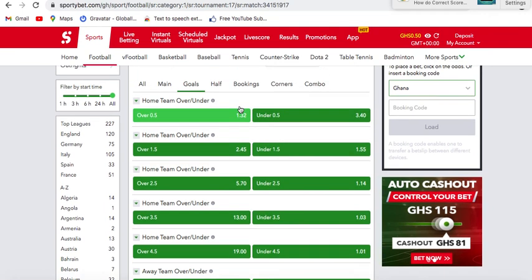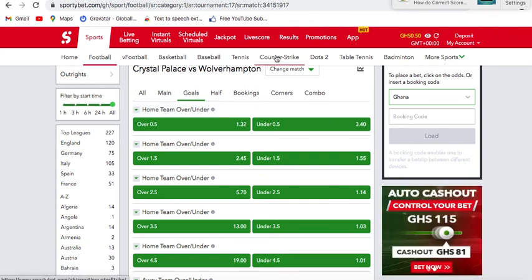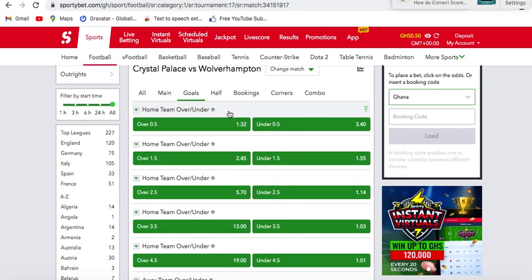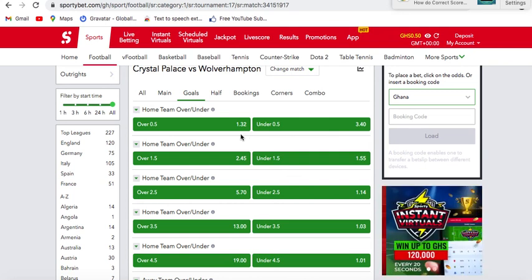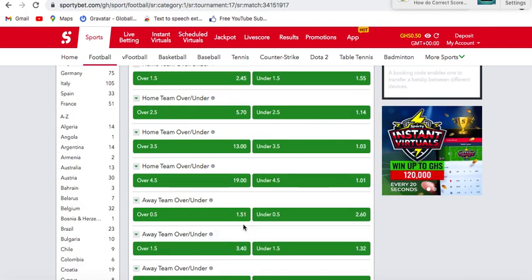Or the home team has the highest percentage to score all the 2 goals. Home team, that is Crystal Palace, has the highest percentage to score all the 2 goals over here. If you can see the odds given to the home team, it's much lower than the odds given to the away team for the 1 goal.